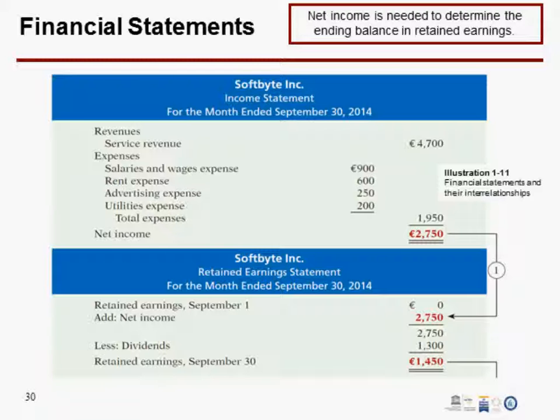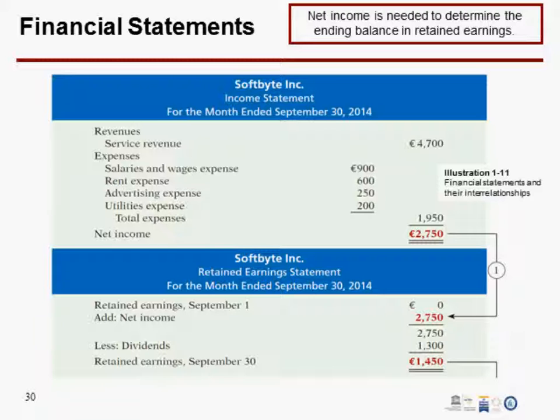For example, under the name of the company SoftBite Inc., there is an income statement for the month ended September 30th, year 2014. That means SoftBite prepared just a 1-month income statement. They started from September 1 and ended September 30th, so 1 month. You can prepare financial statements monthly, on a 3-month basis, a 6-month basis, or an annual basis.